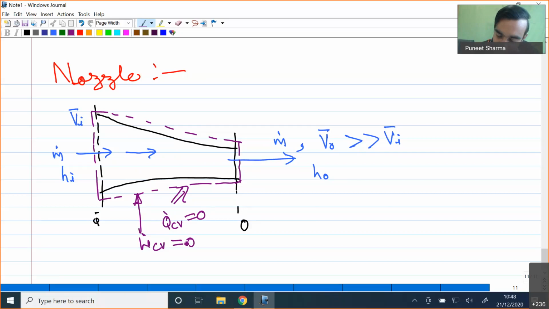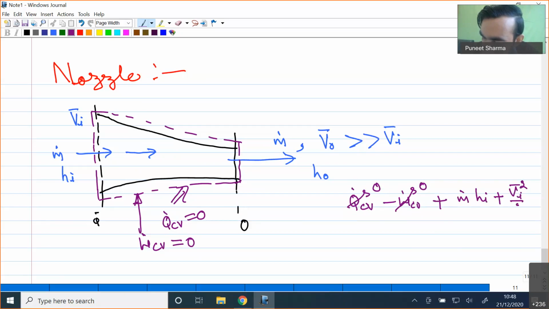Now if I apply the steady flow energy equation, Q̇CV, which is 0, minus ẆCV, that is also 0, plus ṁ into (HI plus V̄I square by 2). Once again, the change of potential energy is negligible for the nozzle because we do not have a significant difference of elevation between inlet and outlet.